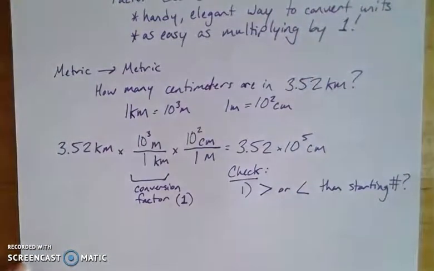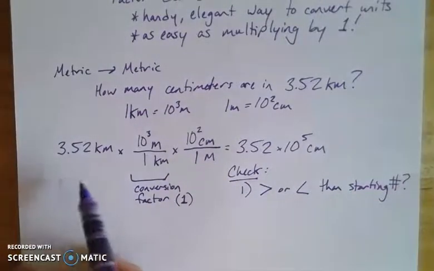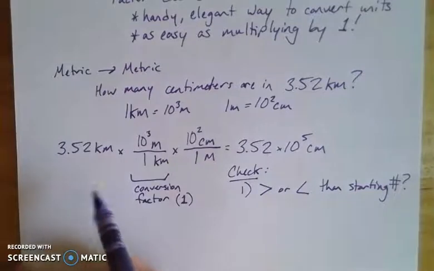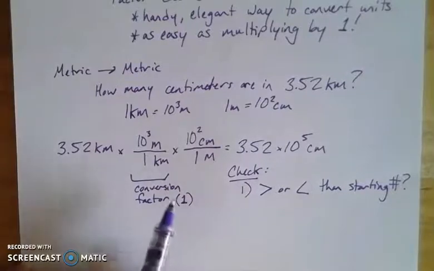I think that's an important first question, because if I get a number that is vastly larger or vastly smaller than my initial value, and I wasn't expecting it to be that way, then there might be an error along the way. So let's think about this check for this particular problem.